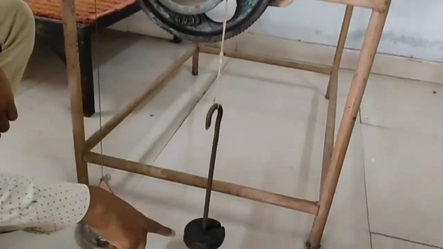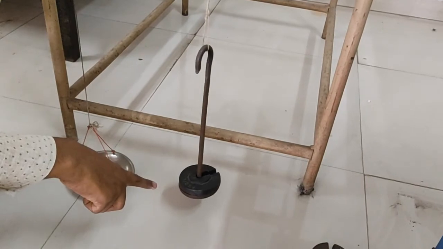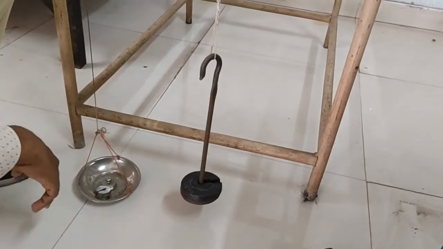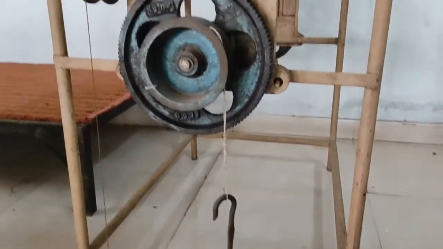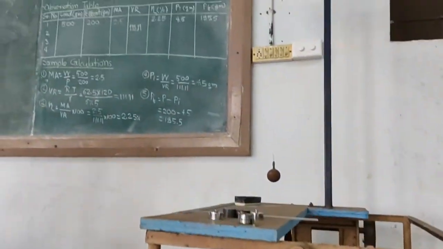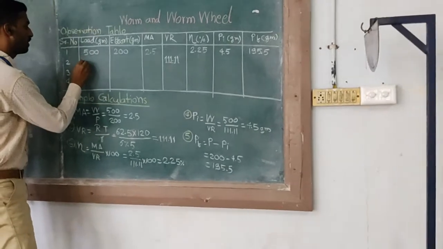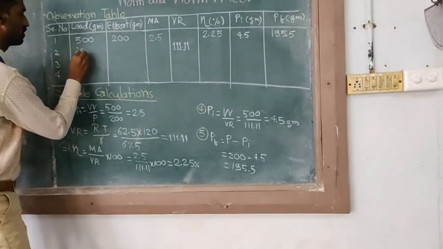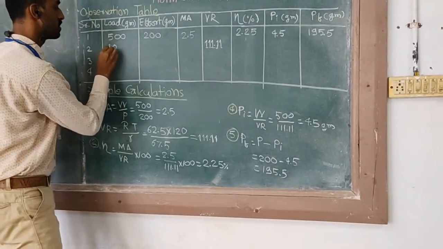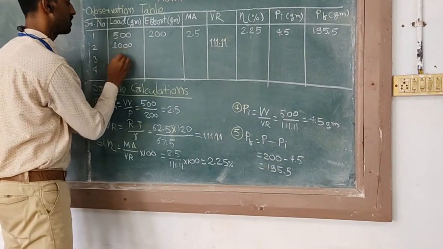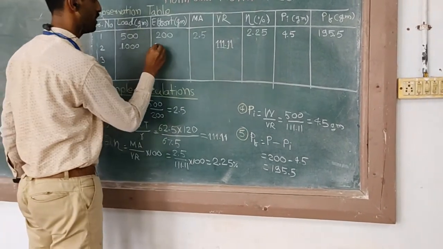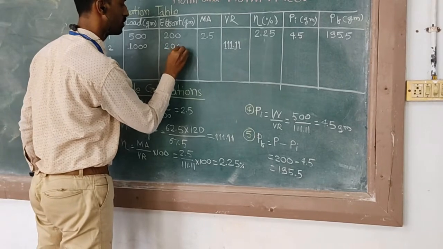For reading number 2, the total load lifted is 1000 gram while effort is 200 gram. I am going to write down this value into the observation table. For the second reading, load is 1000 gram while effort required to lift that 1000 gram is 200 gram.